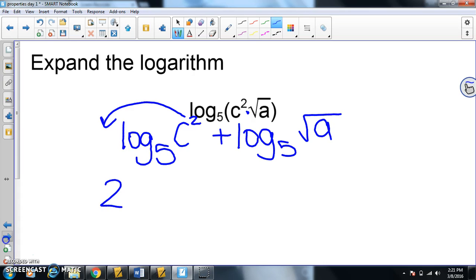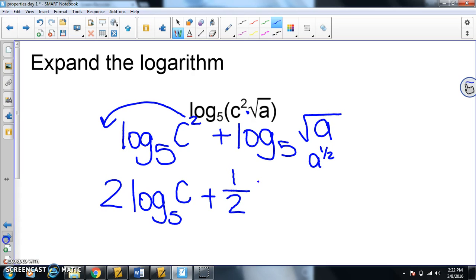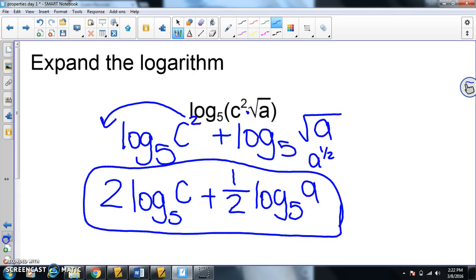And I have 2 log base 5 of c plus this square root of a can also be written as a to the 1/2. So I'm going to, in the front of log, put plus 1/2 log base 5 of a. My initial logarithmic expression is now fully expanded.